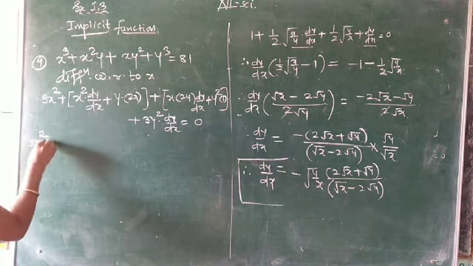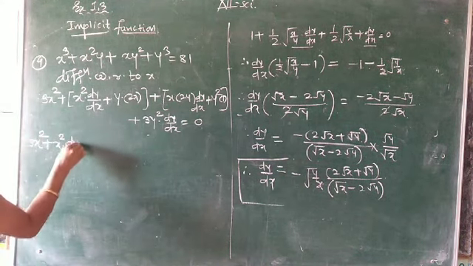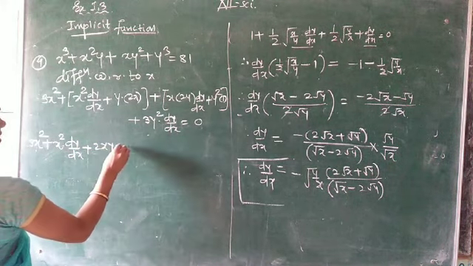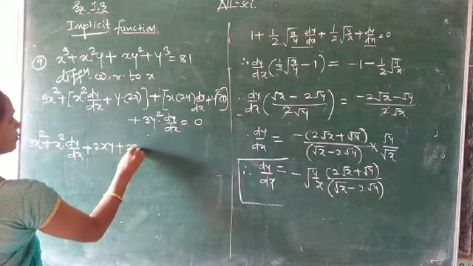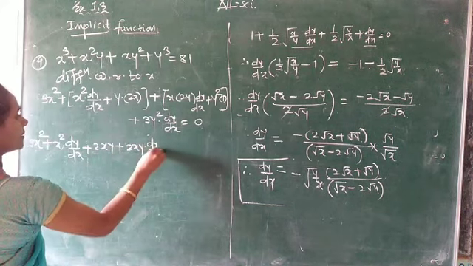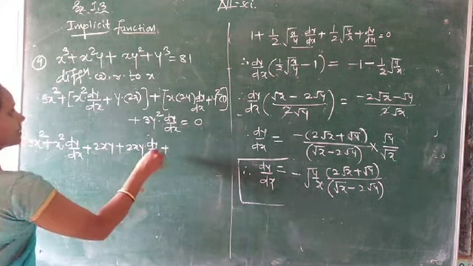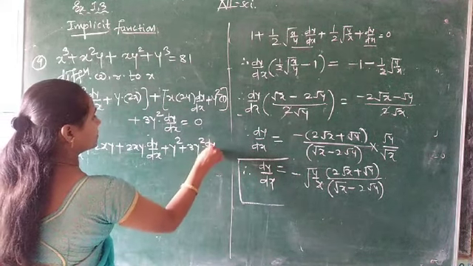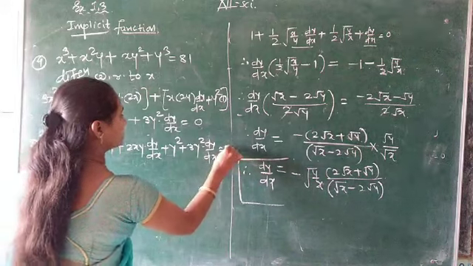Therefore 3x square plus x square into dy upon dx plus 2xy plus 2xy into dy upon dx plus y square plus 3y square into dy upon dx is equal to 0.